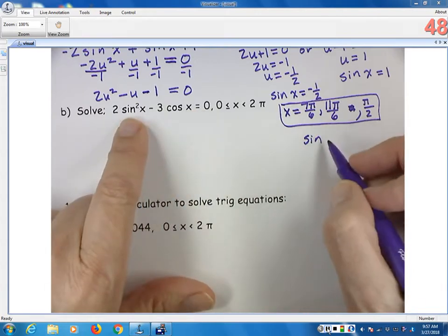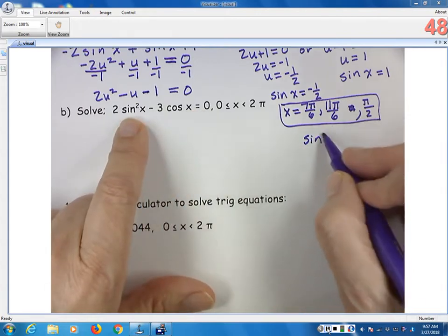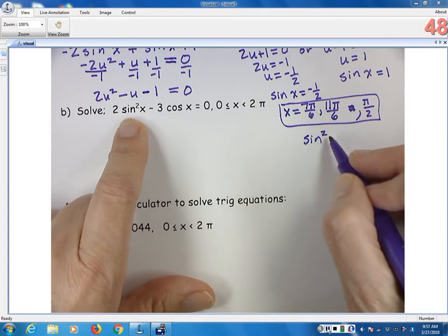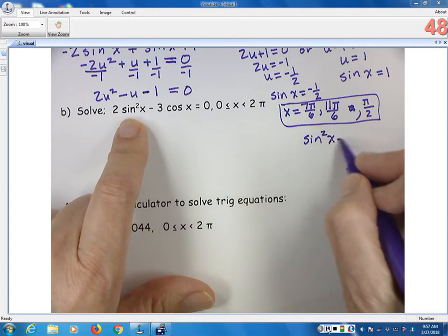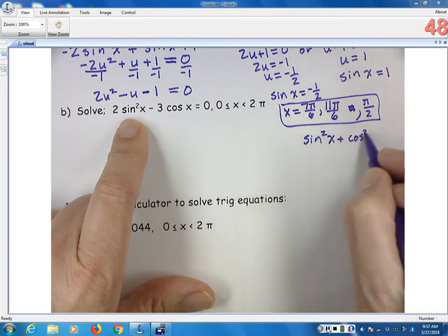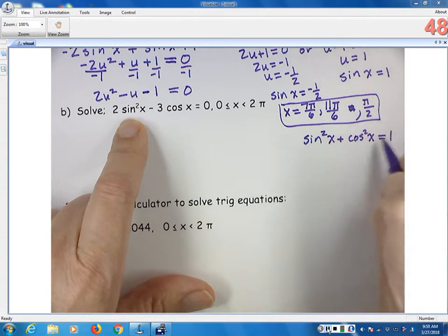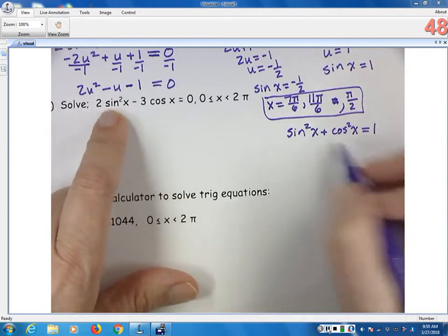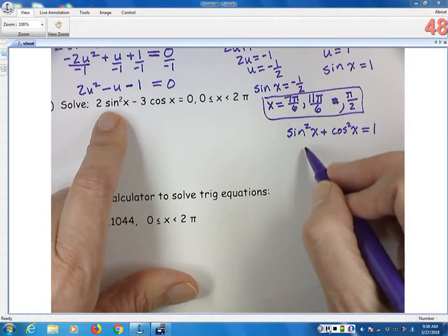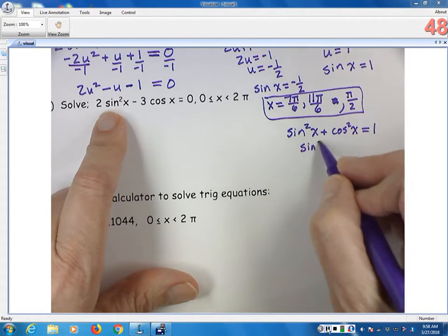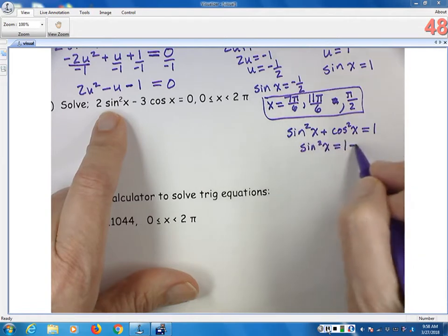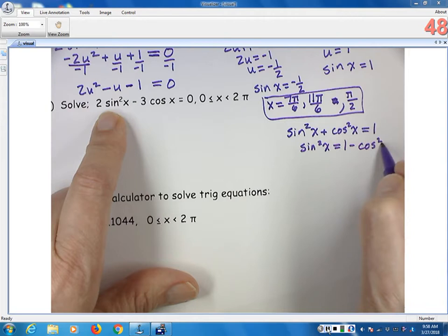We don't have any double angles this time, so we're going to use the Pythagorean identity: sine squared x plus cosine squared x equals 1. Solve this for sine squared, subtract the cosine squared. So sine squared x equals 1 minus cosine squared x.